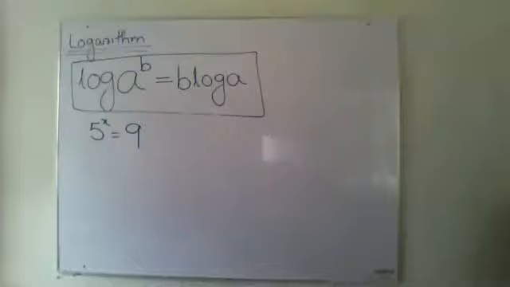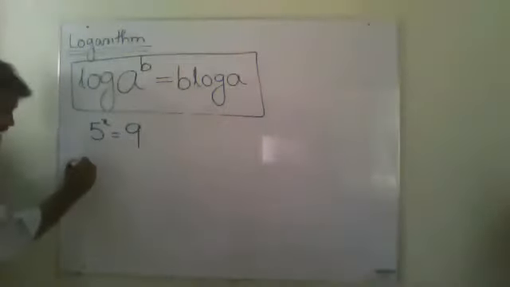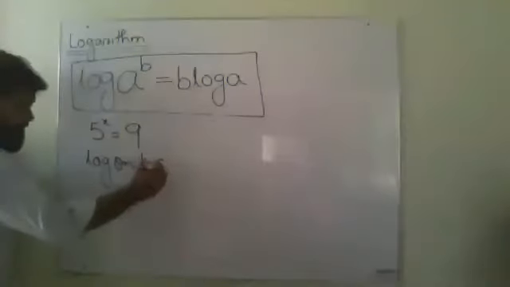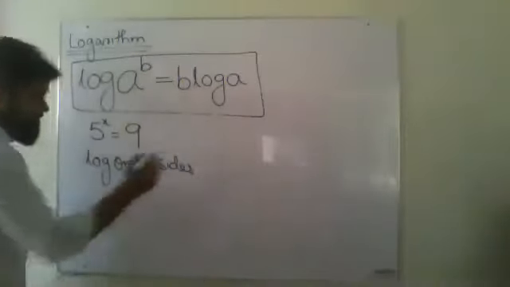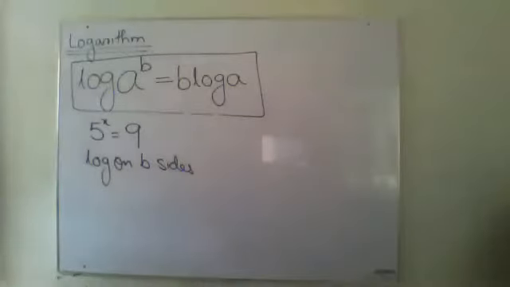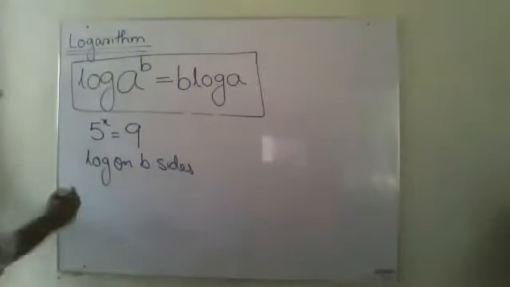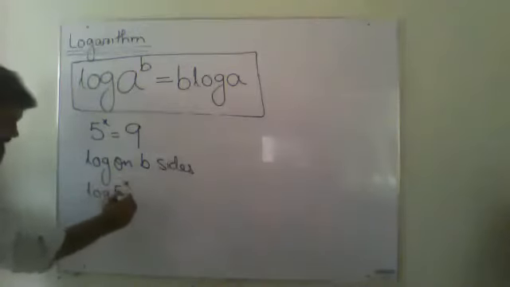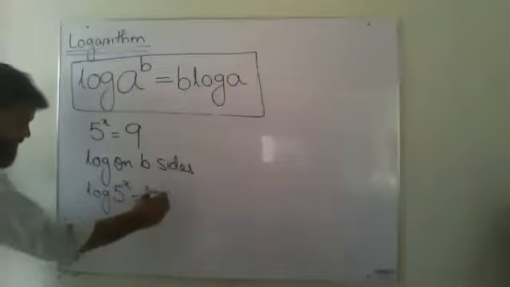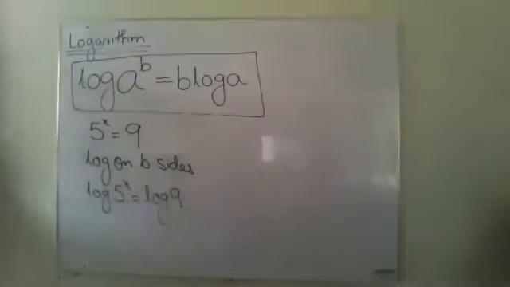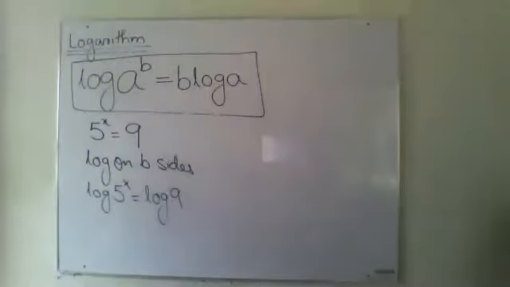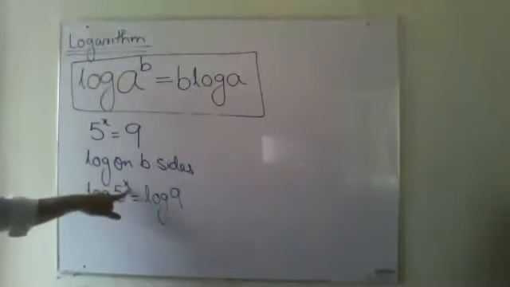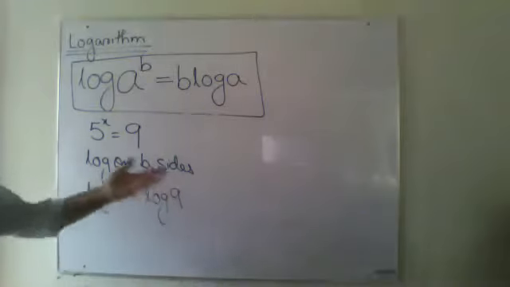So what I'm going to do now, I will apply log on both sides. Log 5 to the power x equals log 9. I've applied log on both sides. Now on this side, I have got a power, and on this side I haven't got a power.